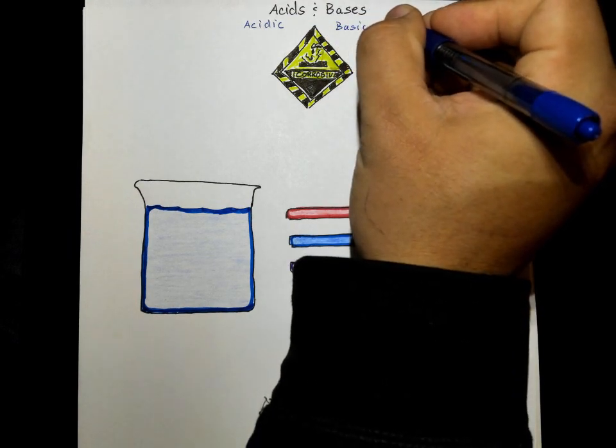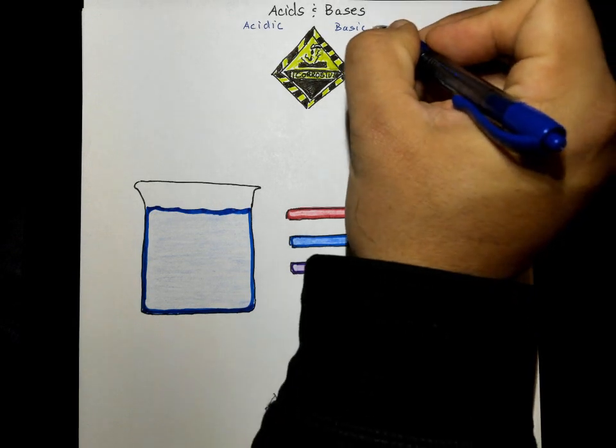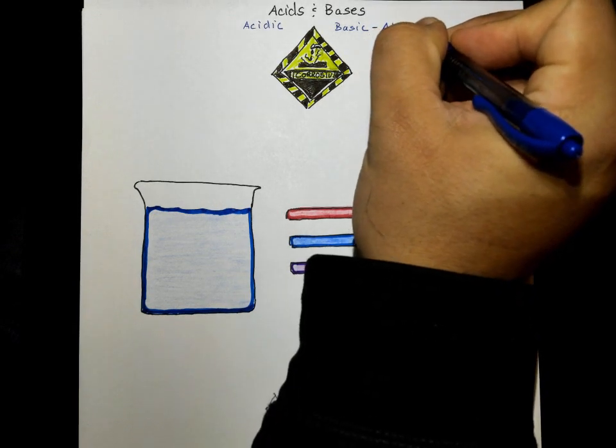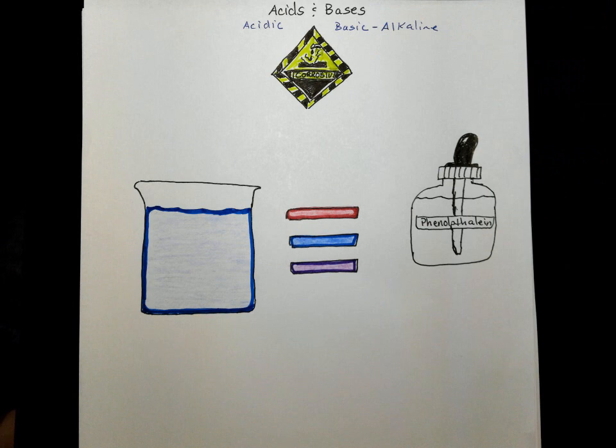That solution is alkaline. So I'm going to write that here too, alkaline. So when we're saying a solution is basic or alkaline, it just means the same thing. Okay, so don't get caught up on the definitions. It just means we're looking at a base here.